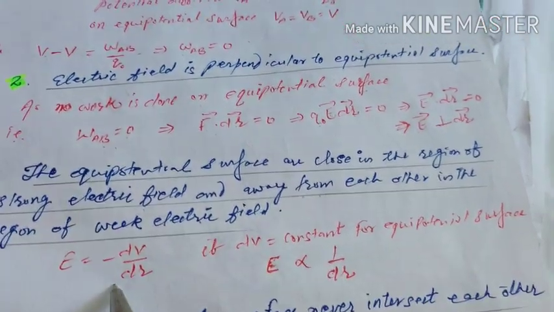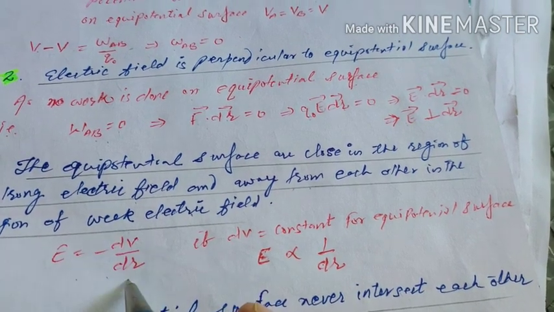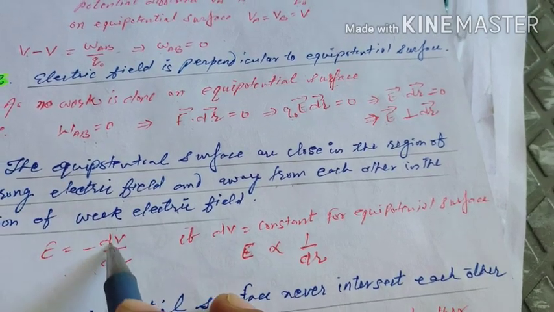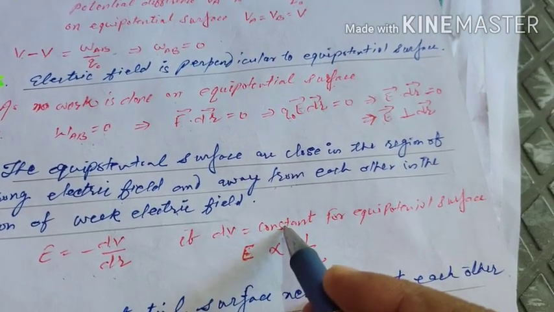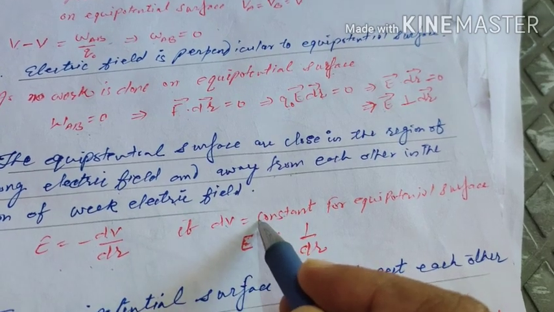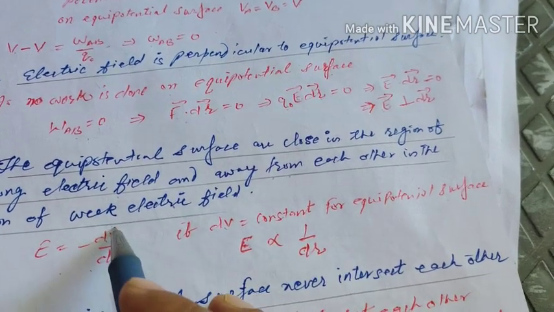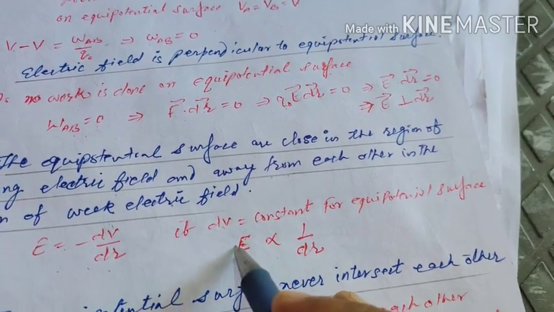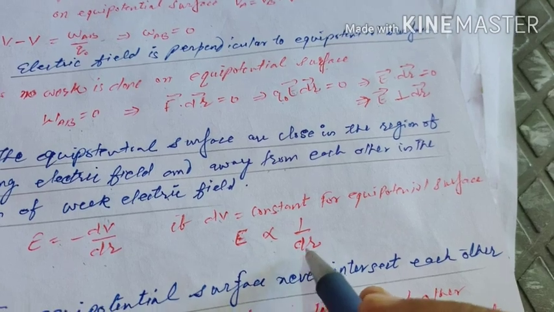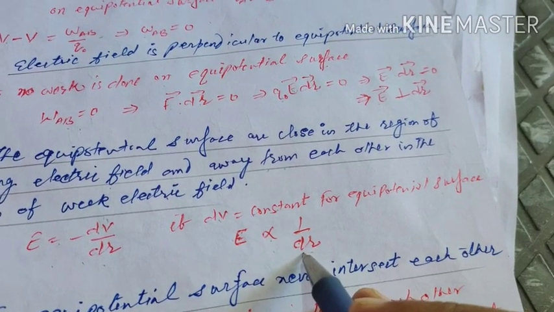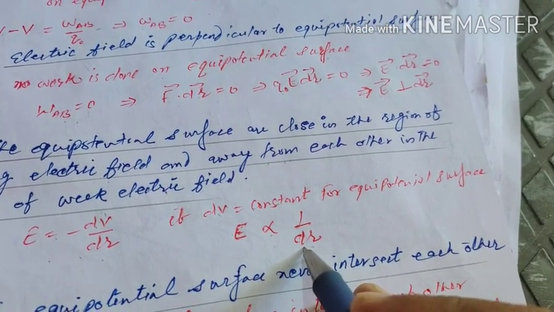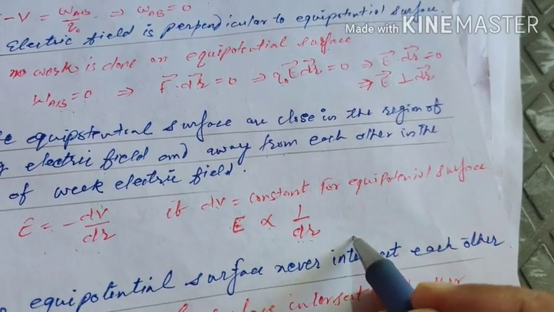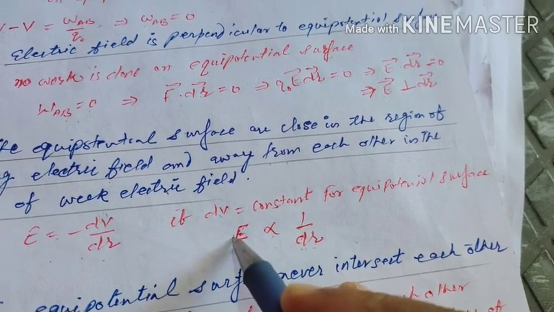You can use the formula that electric field is the negative gradient of electric potential. On an equipotential surface, the change in potential is not there, so this becomes constant, and equality is replaced with proportionality. So E is proportional to 1/dr. This means if dr is more, that is, the spacing between the equipotential surfaces is more, the electric field will be weak.